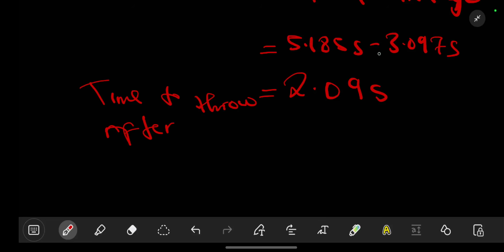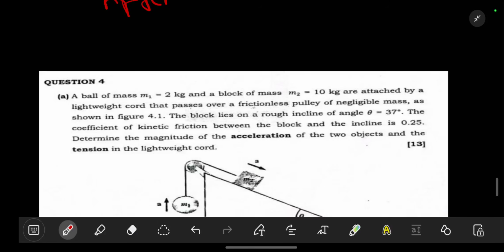Let's look at our last set of questions. We have a ball of mass M1 and a block of mass M2 attached by a lightweight cord that passes over a frictionless pulley of negligible mass, as shown in figure 4.1.